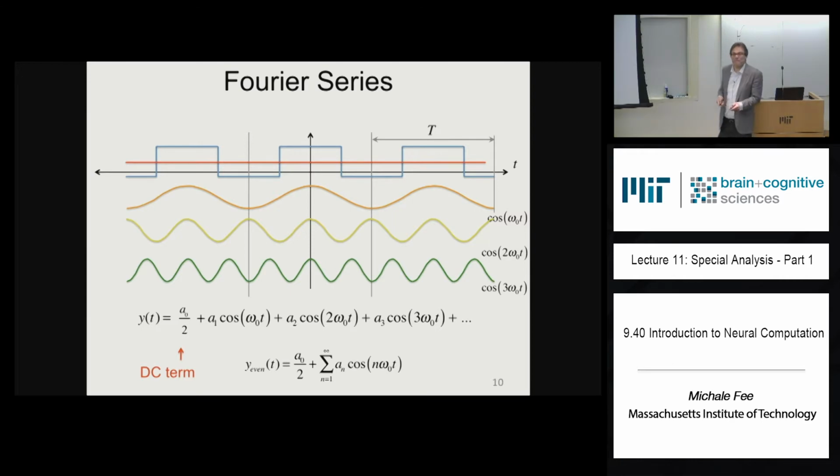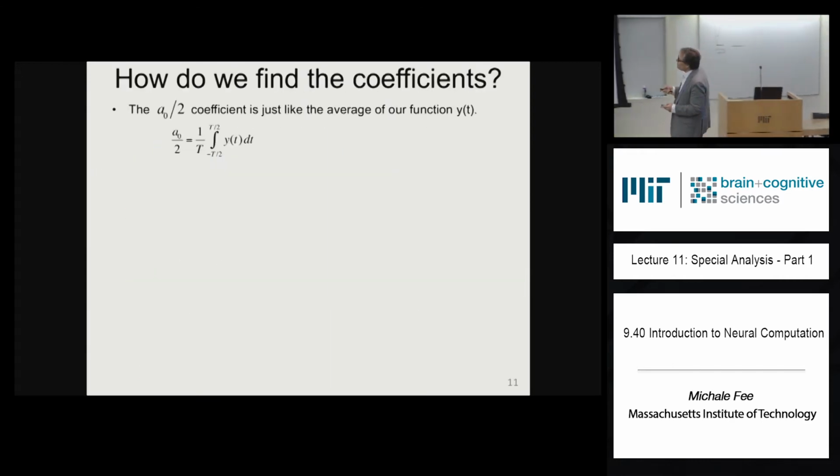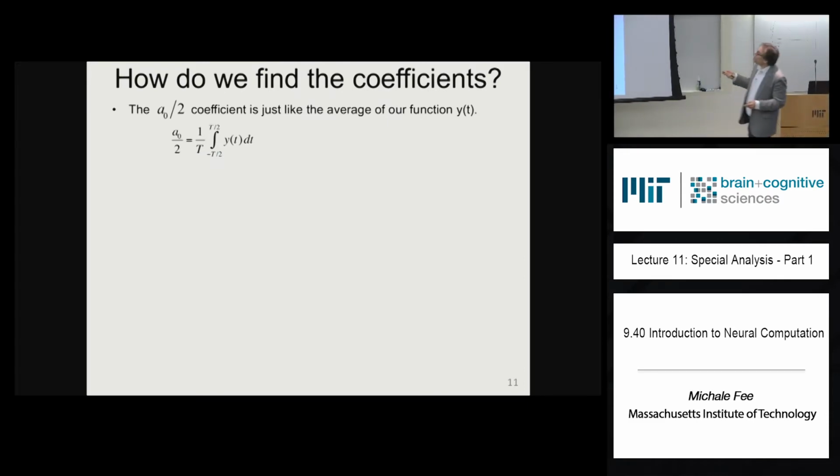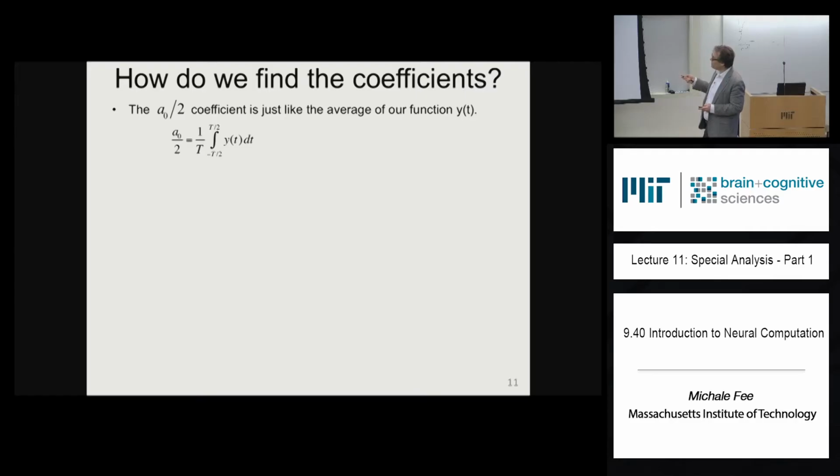Okay? All right, good. How do we find those coefficients? So I just told you that the first coefficient, the a0 over 2, is just the average of our function over one time window from minus T over 2 to plus T over 2. It's just the integral of that function over one period divided by T, and that gives you the average, which is a0 over 2.